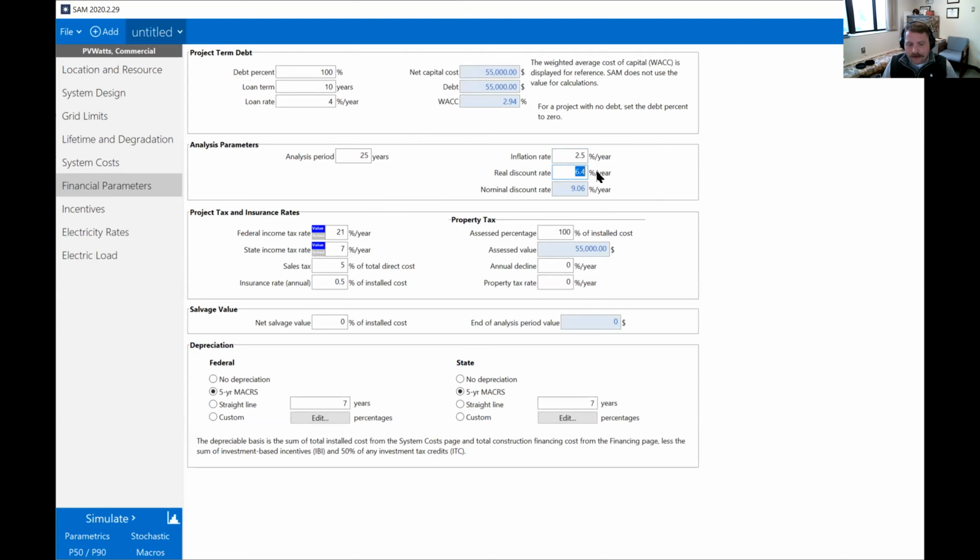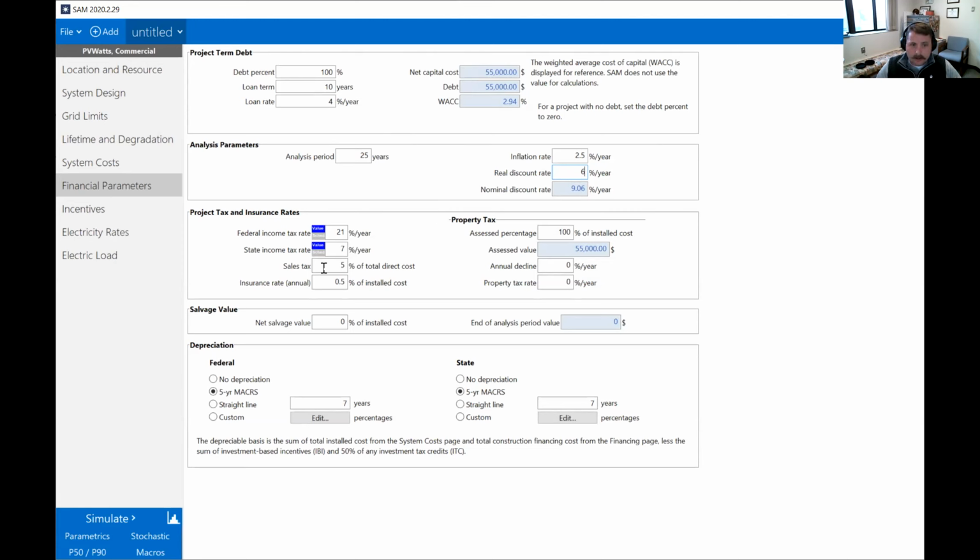I don't know if that's completely fair for everybody. Some businesses like to say this has more risk than another investment, so I'm going to increase the discount rate or something like that. But we'll leave it at, let's just make it 6%, round it off at 6%. Because that's a very conservative estimate of what I might be able to make if I invested money in an alternate investment.